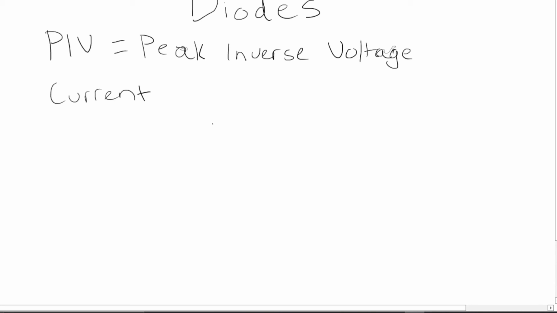Remember, I said in reverse bias, if the voltage exceeds a certain limit, current will start to flow. If we applied enough voltage in a circuit, there will be an influx of current or voltage that will break that diode down, and that diode will conduct. And the current rating will tell you how much current your diode can withstand. So if a diode has a current rating of 2 amps, do not apply more than 2 amps.